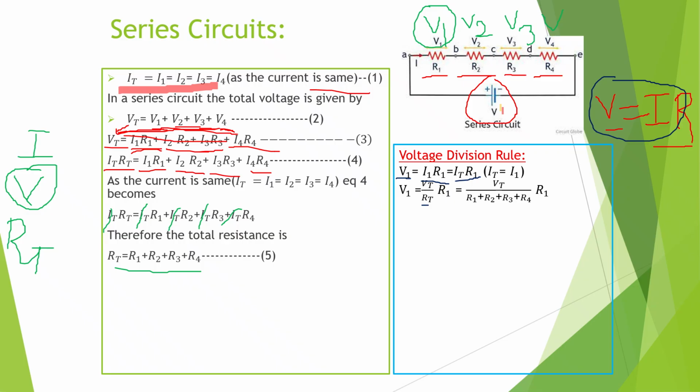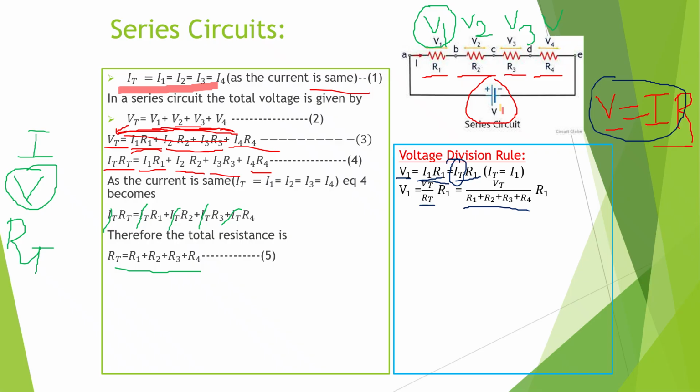I repeat, V1 is equal to I1 R1. Why? Because of Ohm's law, you are writing it as I1 into R1, and the same can be written as IT into R1, where you can write the total current as total voltage by total resistor. You keep the total voltage as it is and write the total resistor as R1, R2, R3 and R4.